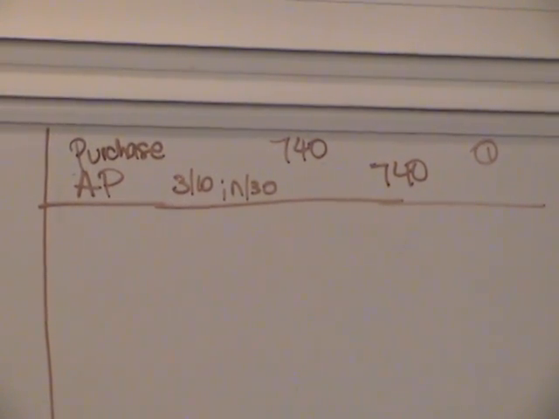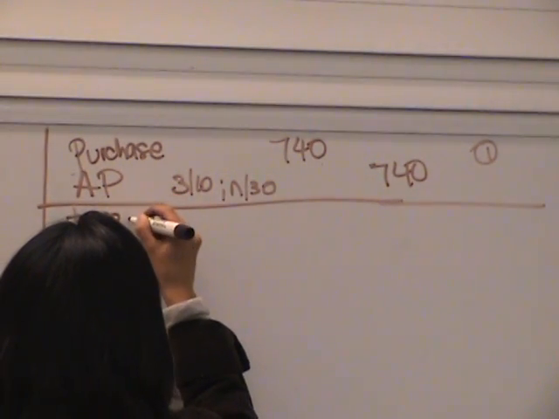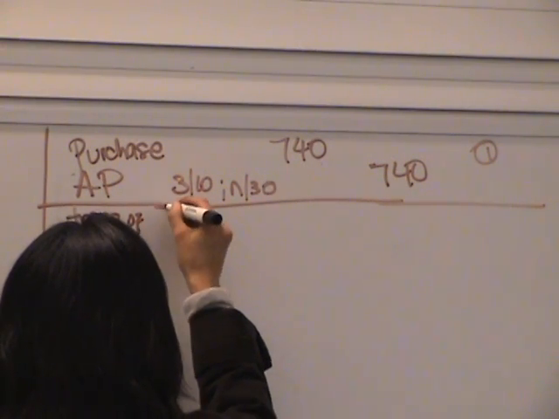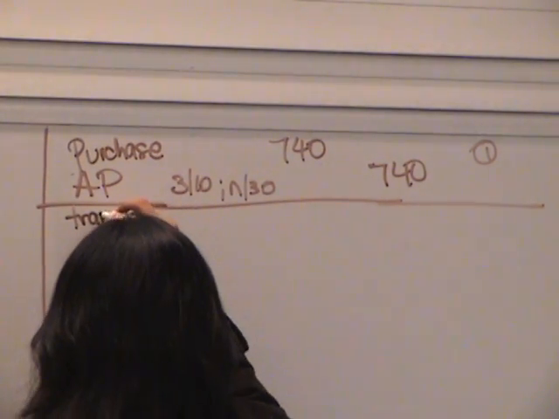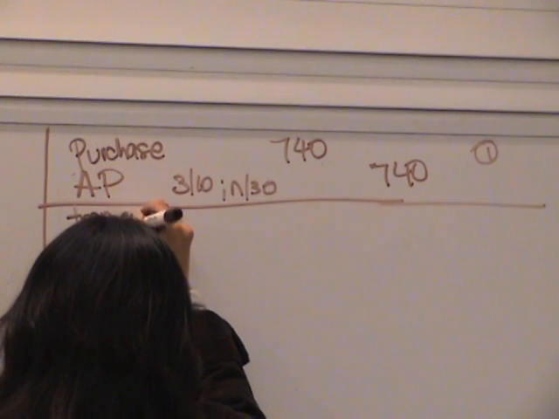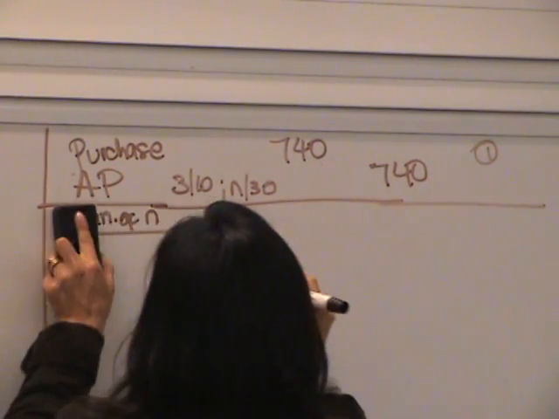So do that on your journal entry. Transportation in, or freight in. I don't know why they use the word in. See what it says in your book. Either way is legal. Okay, it says freight in.